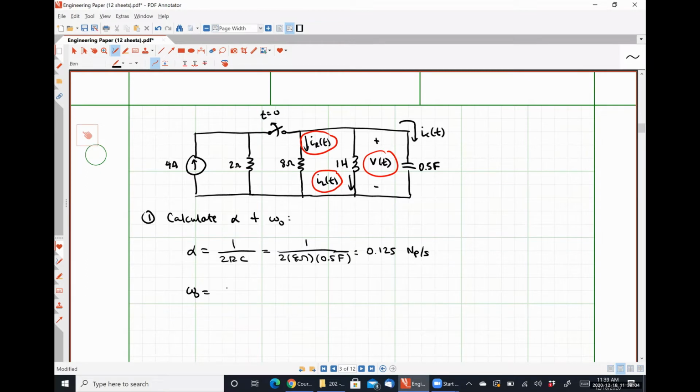Omega naught is going to be 1 over LC to the 1/2 power, which is the same as, let's see, what's L? 1 Henry times 1/2 of a farad to the minus 1/2 power. So the square root of 1/2, calculator.